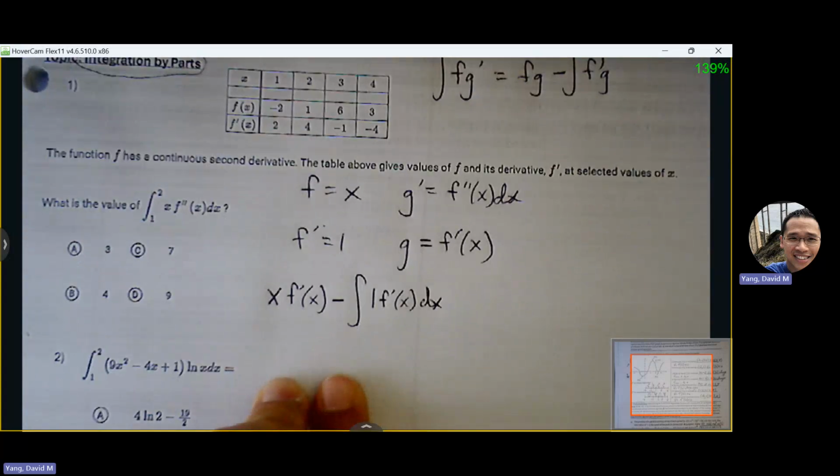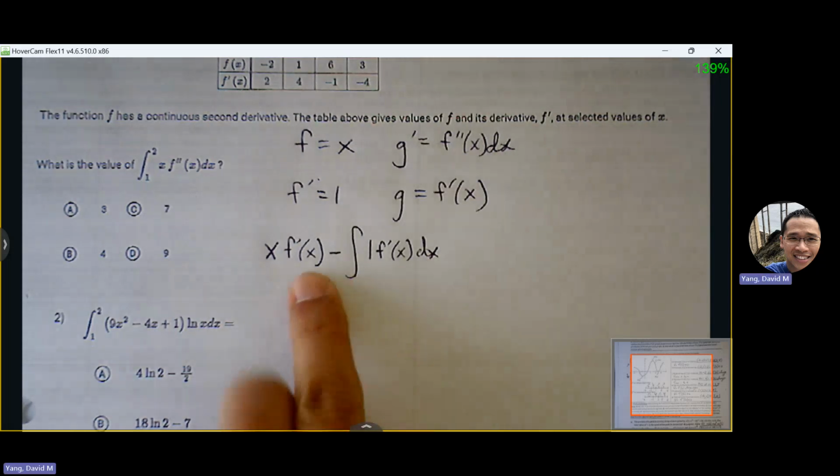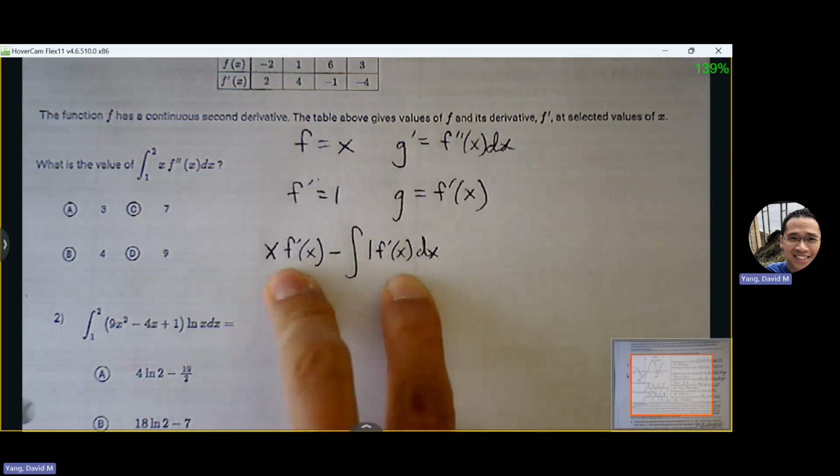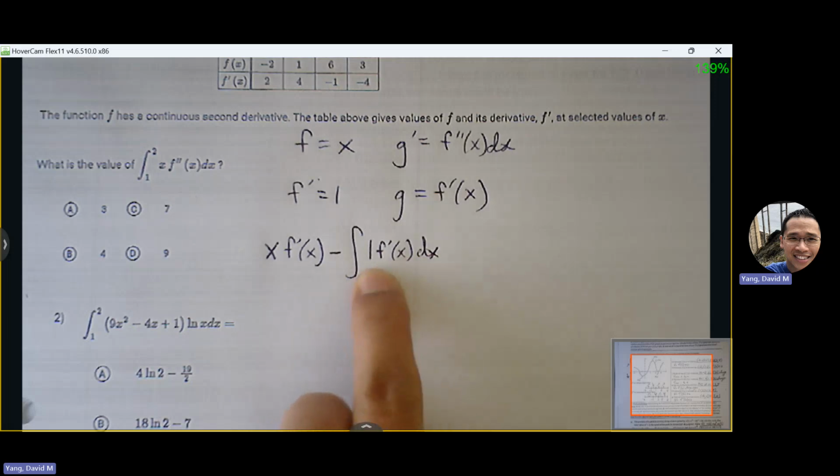Now, when you start with your integration by parts process, you have one portion that's going to be complete and the other is going to be incomplete. So just know that when you go through that process, there's always going to be a portion that we still have to finish up.